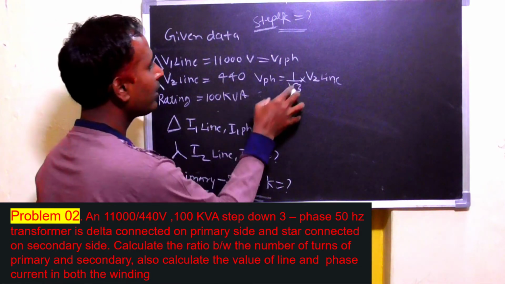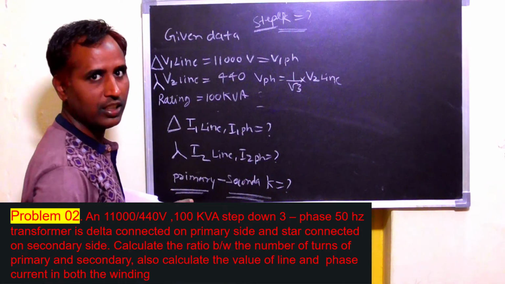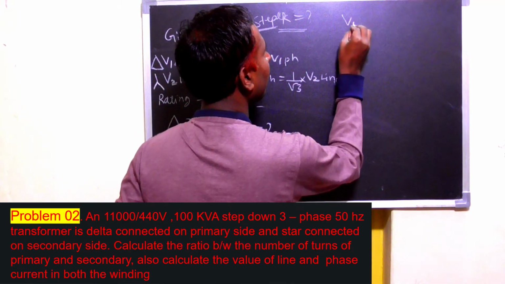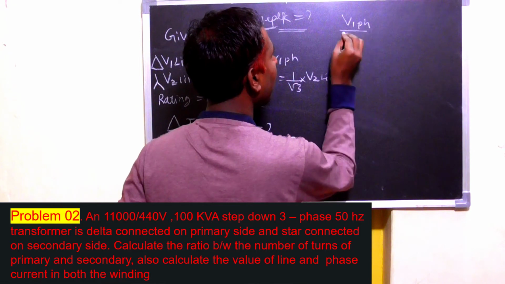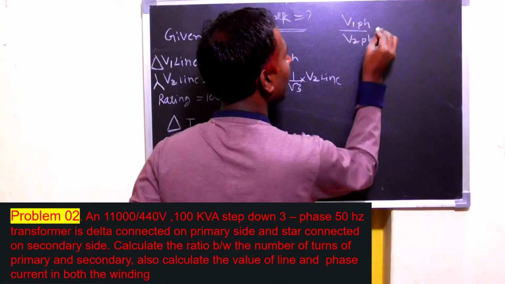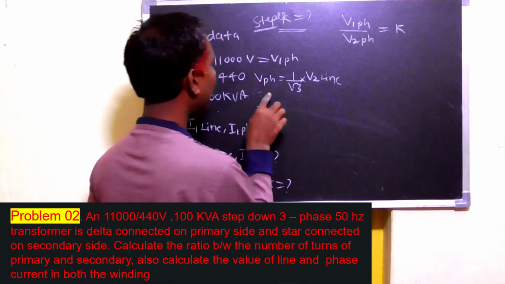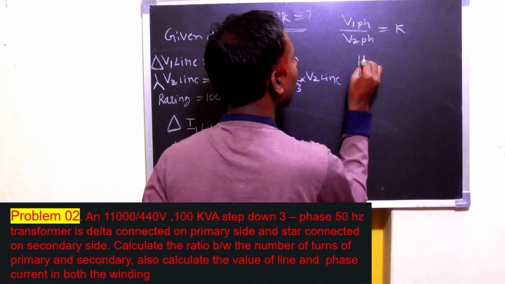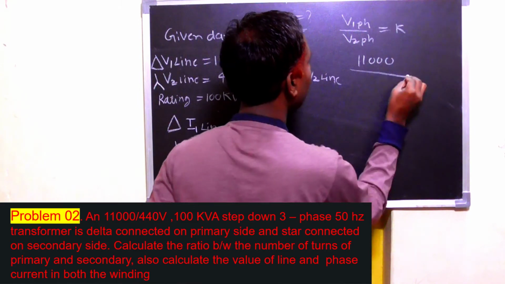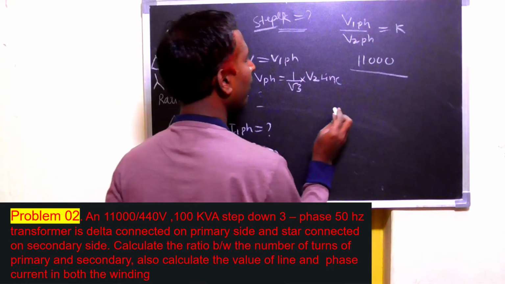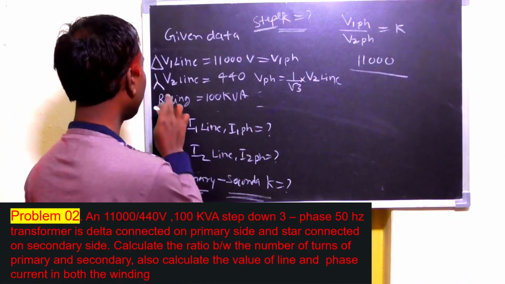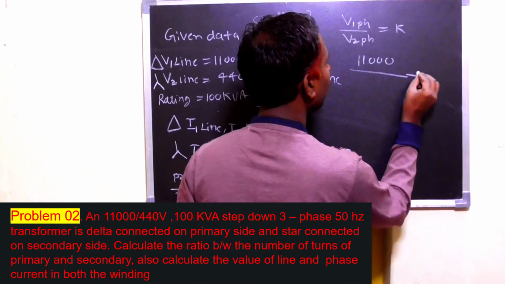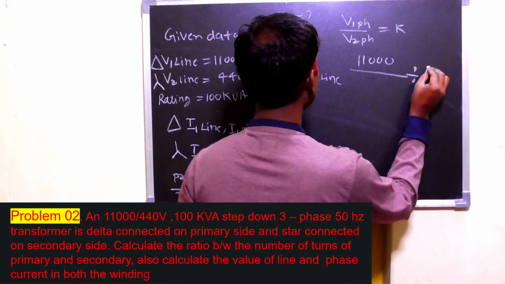I will put these values in the transformation ratio. What is the ratio? V1 phase divided by V2 phase equals K. V1 phase here is 11,000, divided by V2 phase. V2 phase is 1 by root 3 times V2 line.